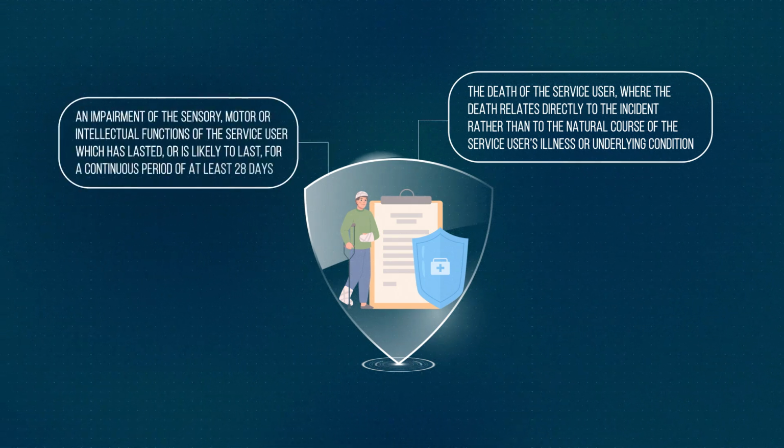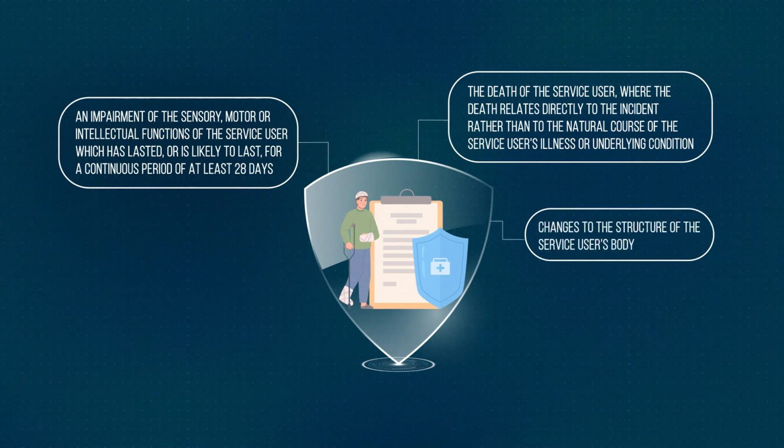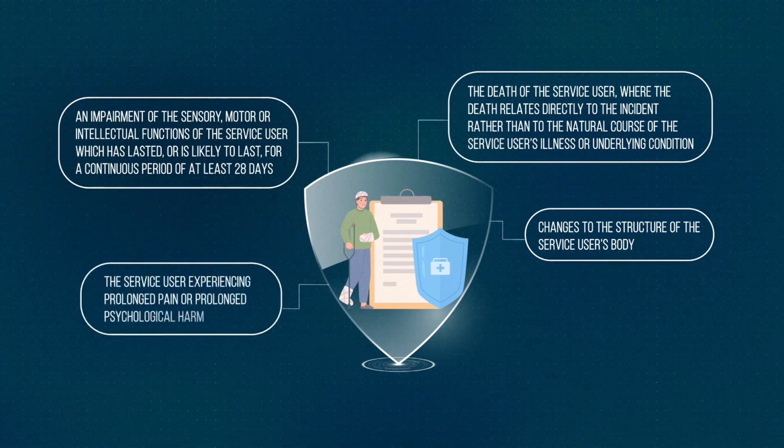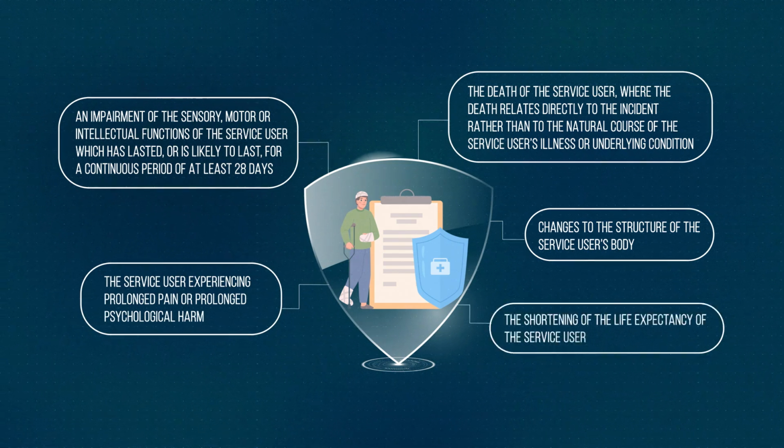An impairment of the sensory, motor, or intellectual functions of the service user which has lasted or is likely to last for a continuous period of at least 28 days. Changes to the structure of the service user's body. The service user experiencing prolonged pain or prolonged psychological harm. Or the shortening of the life expectancy of the service user.